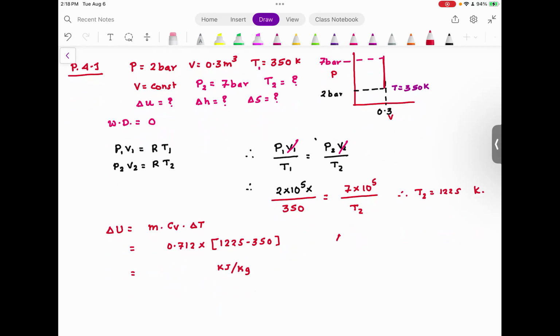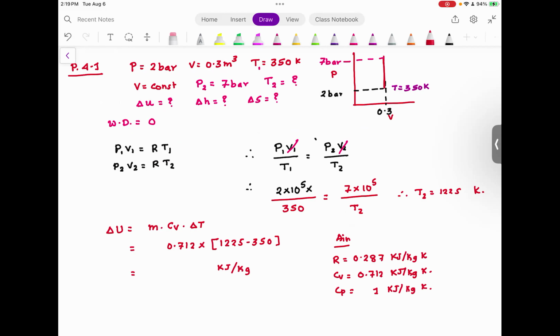For air, R value is 0.287 kilojoules per kg Kelvin, Cv value is 0.712 kilojoules per kg Kelvin, Cp value is 1 kilojoule per kg Kelvin.